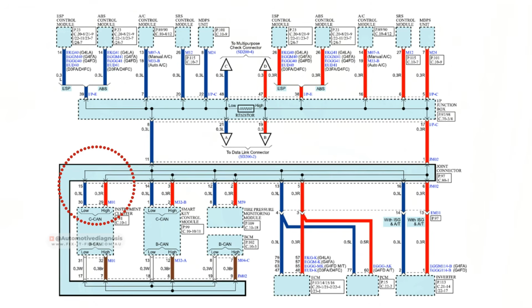So the first option, of course, is going to be to check the connector on the instrument cluster. But for making sure if there is any open circuit or damage on the network wiring on the instrument cluster, the best way for isolating the problem area is to check those wires between the joint connector and instrument cluster.